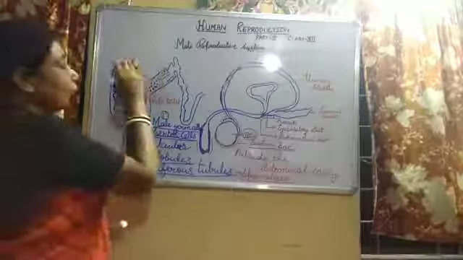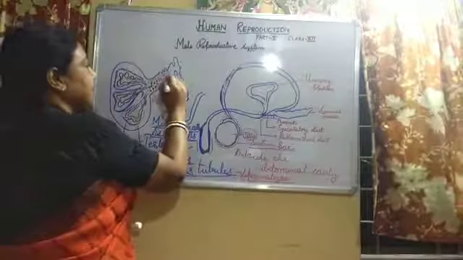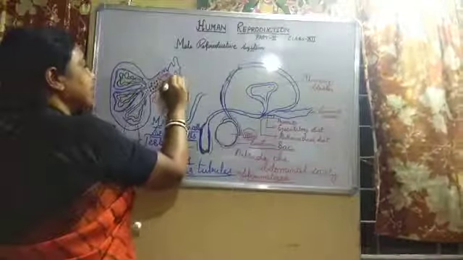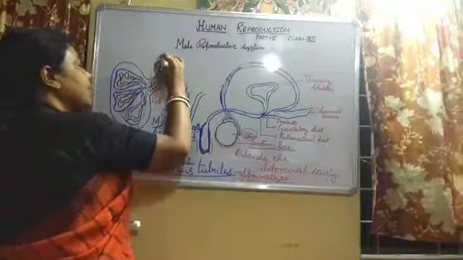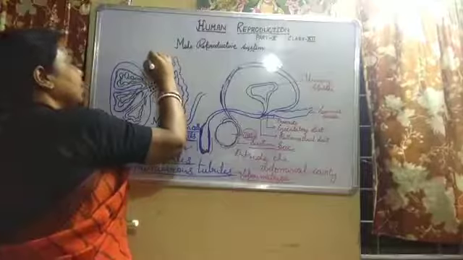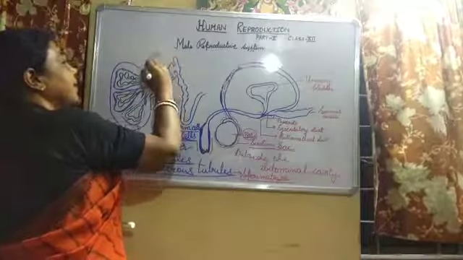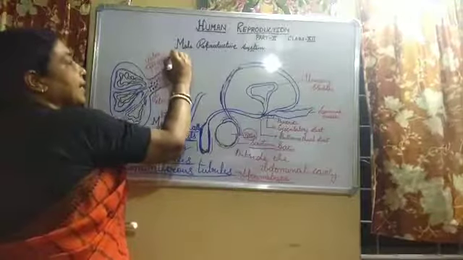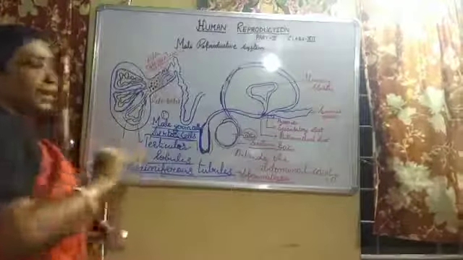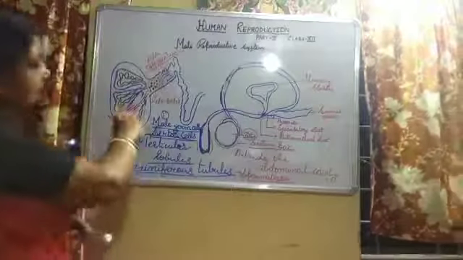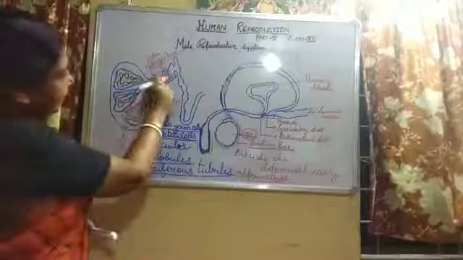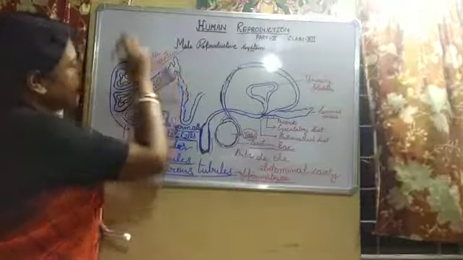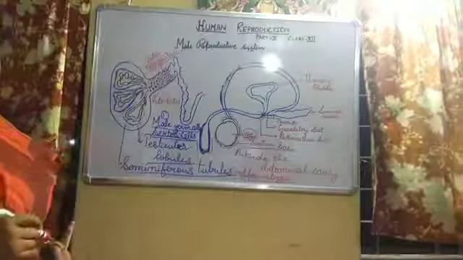From the rete testis, it will get into some duct-like structures known as vasa efferentia.